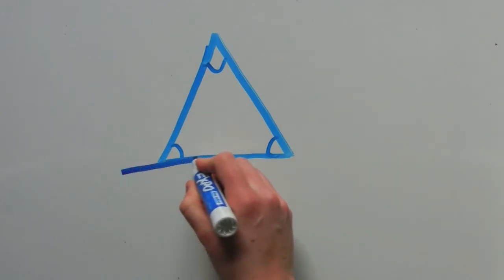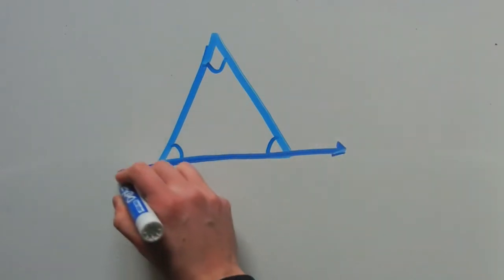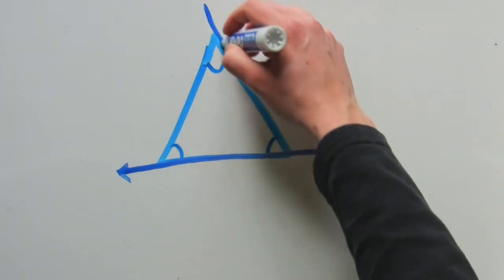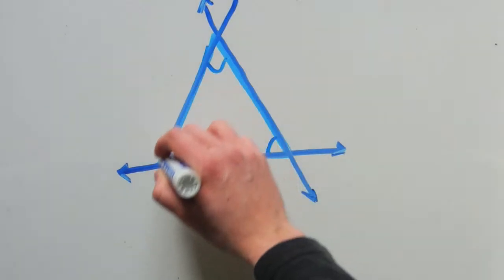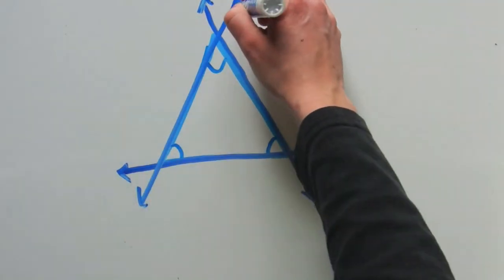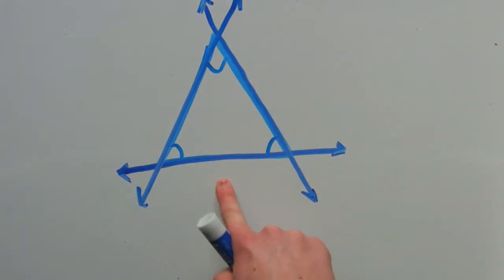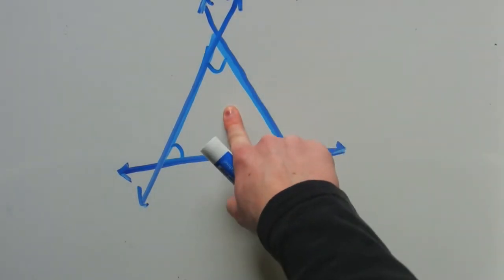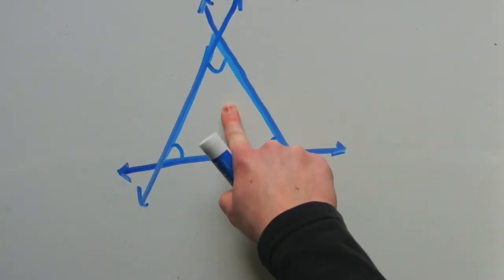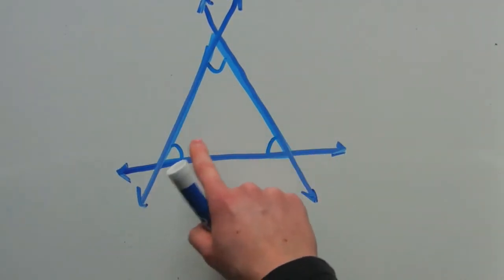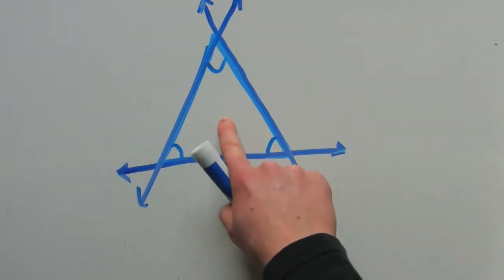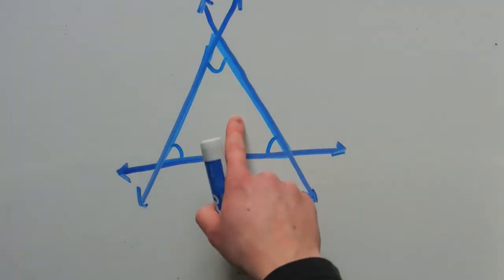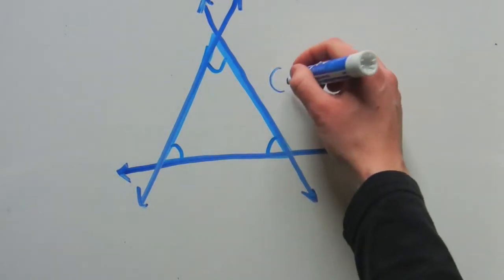So extending out this first line, this second line, and this third line, we can see that none of the lines cross over inside the polygon. So there's no points that fall on the line and are also interior in this polygon. Therefore, it's convex.